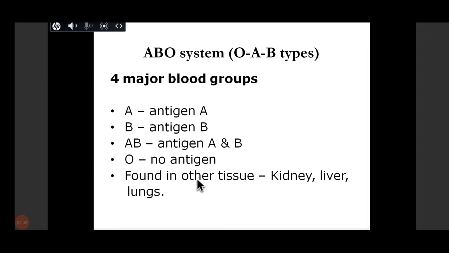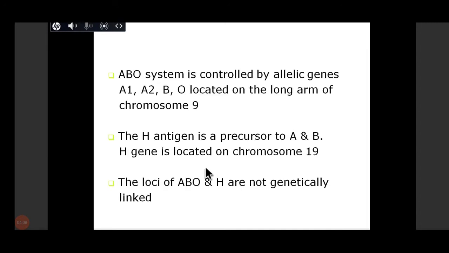Okay, it is found in other tissues like the kidney, liver, and the lung. It is controlled by the allelic genes A1, A2, B, and O located on the long arm of chromosome 9. Along with that, there is an H antigen which is located on chromosome 19. This is actually the precursor of A and B.